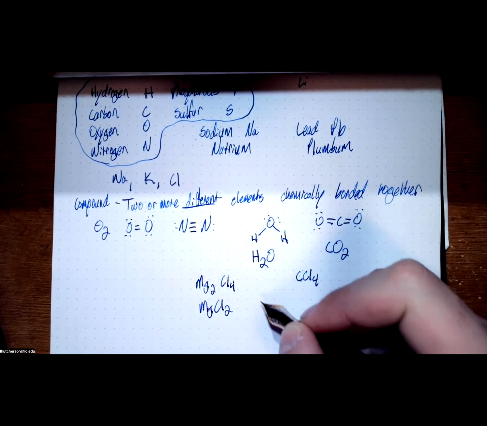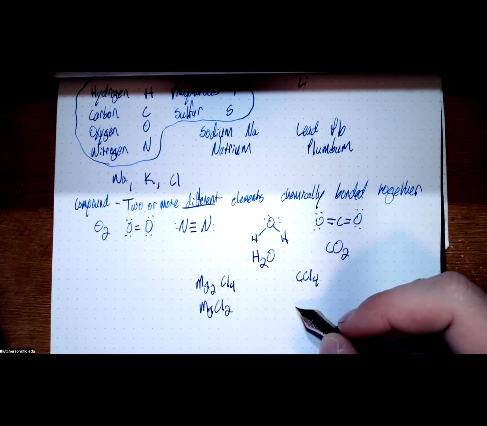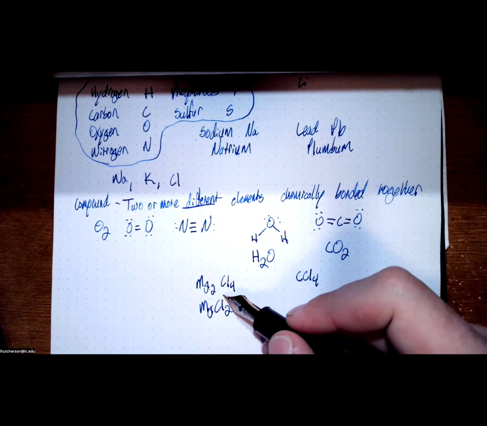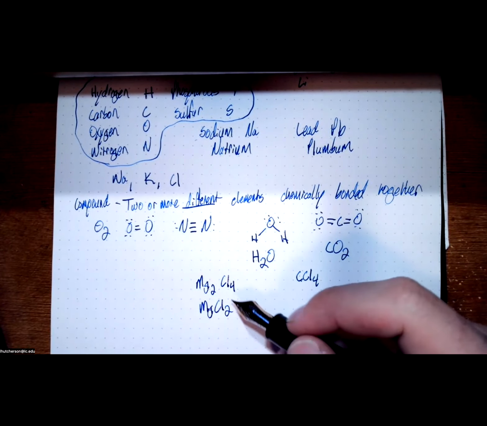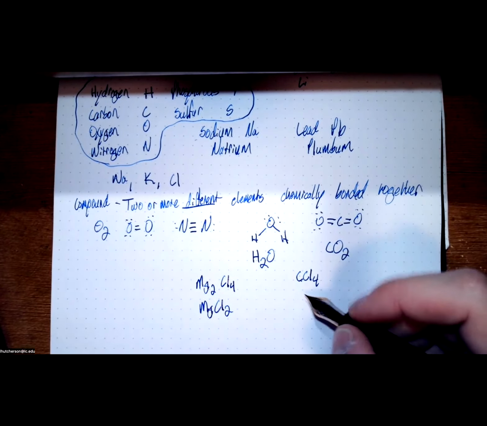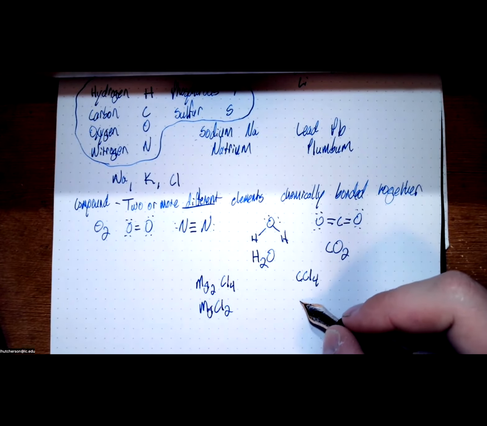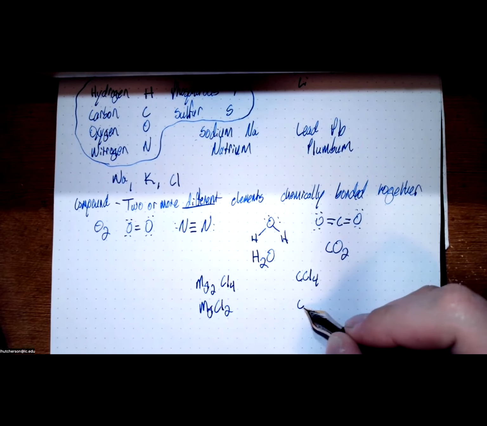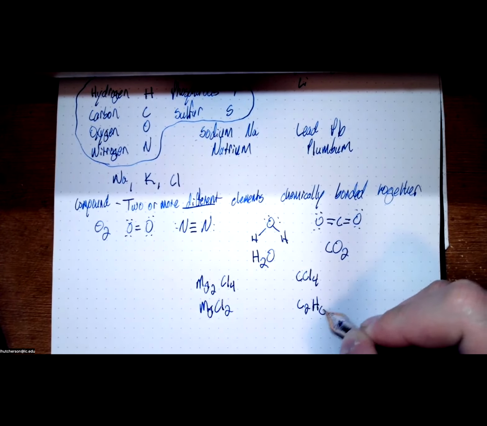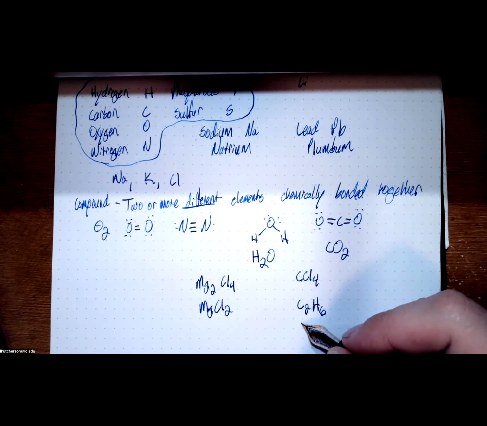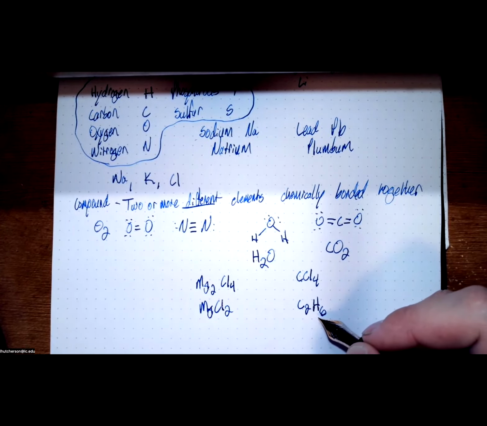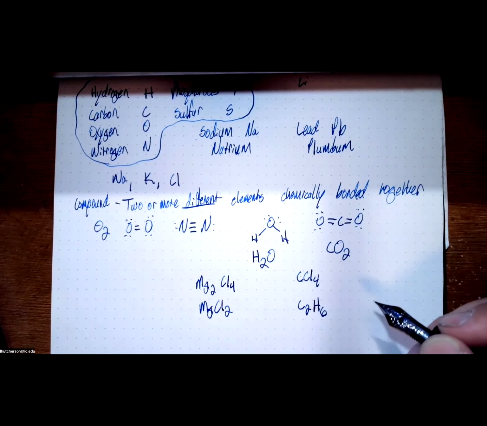That simplification is called the empirical formula. Now, that works for this. This is what's called an ionic compound. There again, keep that name in the back of your head. But that doesn't always work. So just for example, if I write the compound C2H6, I can't simplify that because CH3 is a totally different thing and actually a compound that doesn't even exist.